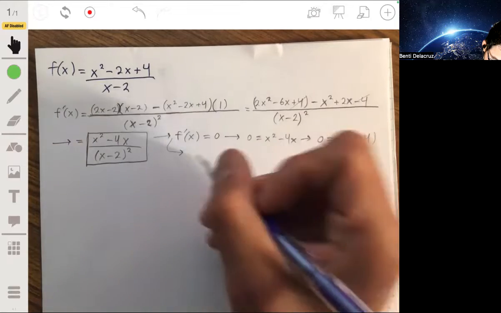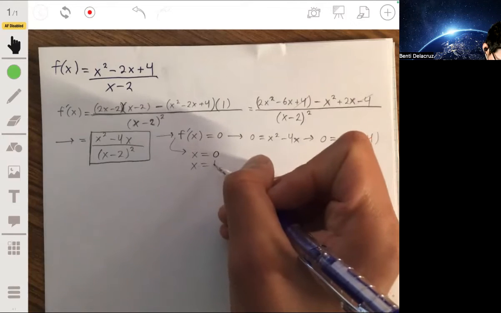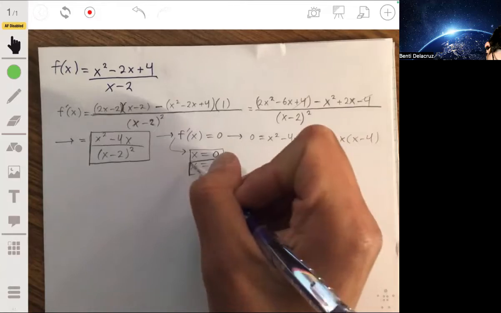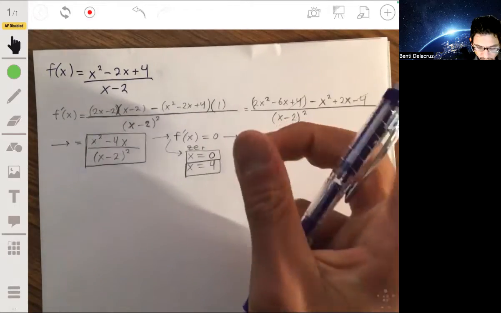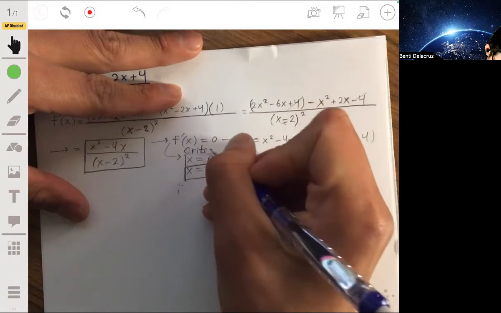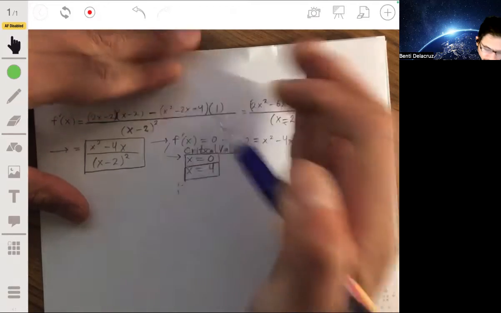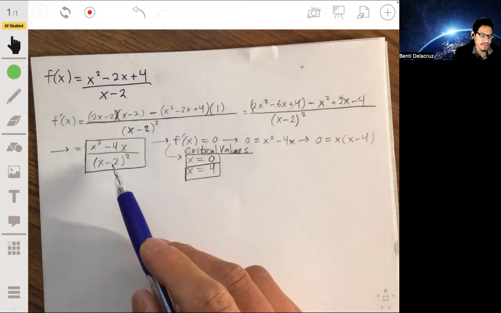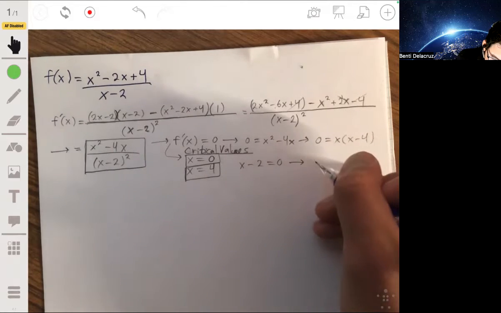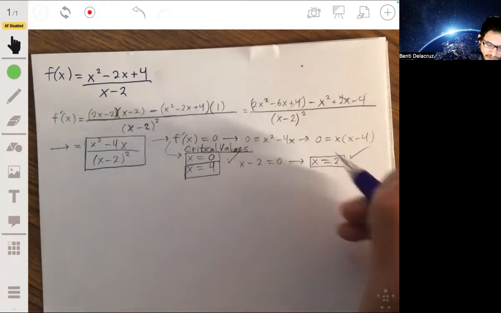So you have a zero at x equals 0 and at x equals 4. These are the critical values. And also where the denominator would be 0, when x minus 2 equals 0, that's when x is 2. So you've got 3 critical values: 0, 2, and 4.